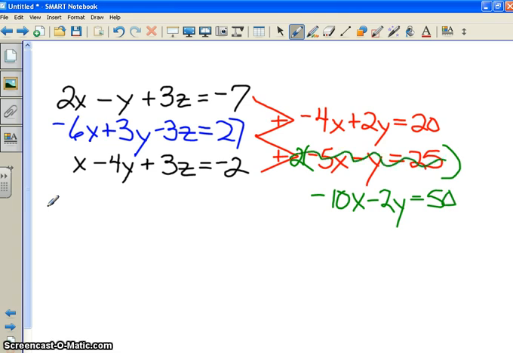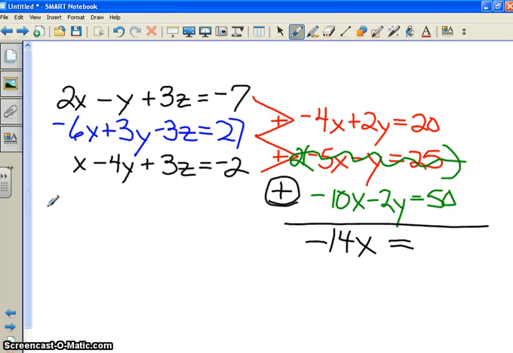This equation is gone. And now to eliminate the y from the red equation and the green equation, looks like I can add these together. Negative 4x plus negative 10x is negative 14x. 2y plus negative 2y is nothing. And 20 plus 50 is 70.